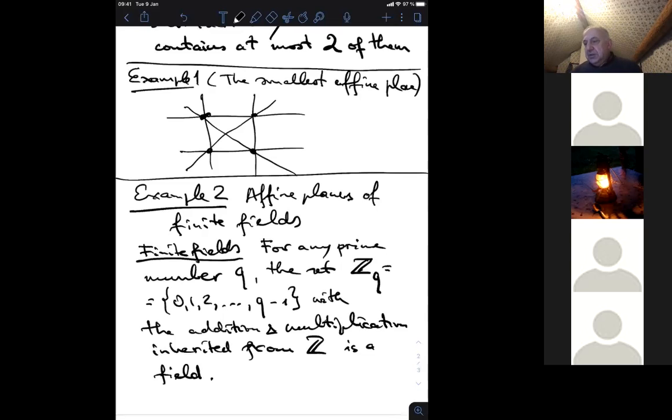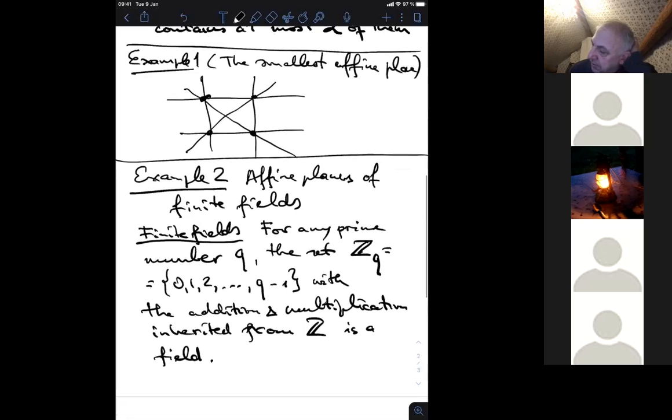So this is a finite field where the number of elements is a prime number. There is also a generalization of this notion when the number of elements is a power of a prime. For example, there is a field with 9 elements or 27 elements. I cannot go into more details about this. In any case, for any prime number q and any power q to the l, there exists a unique finite field containing exactly that many elements.